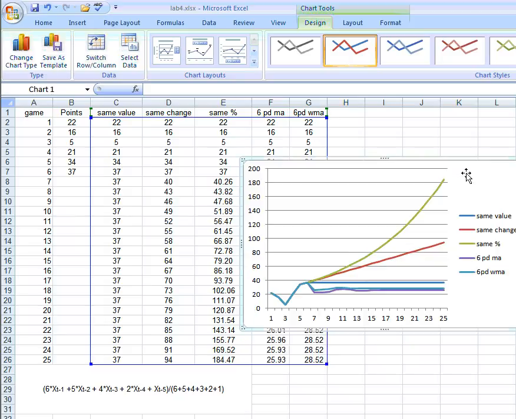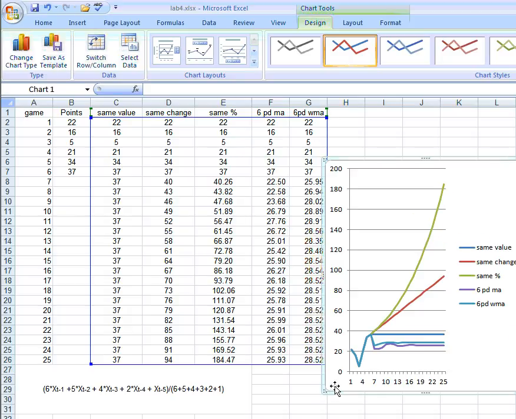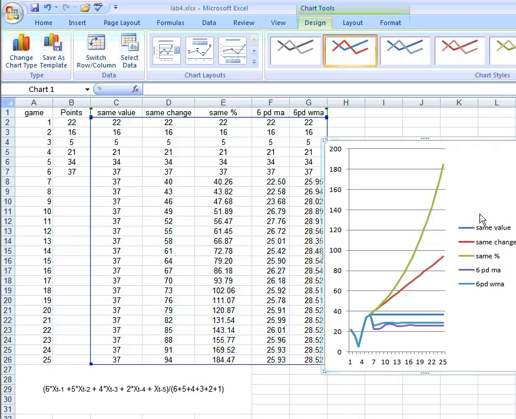Move that up. Unfortunately, I'll have to make that narrower. Obviously, right now, I don't have the legend on it saying what it is or the axes labeled. If you were to hand it in, I would want you to do that, but since we discussed that on the earlier labs, I won't discuss that now.